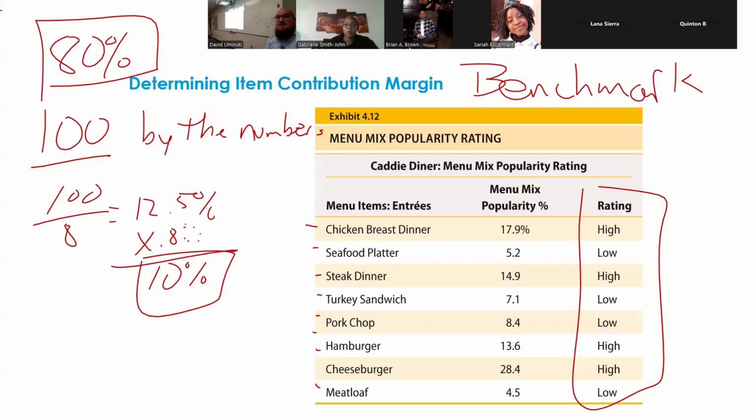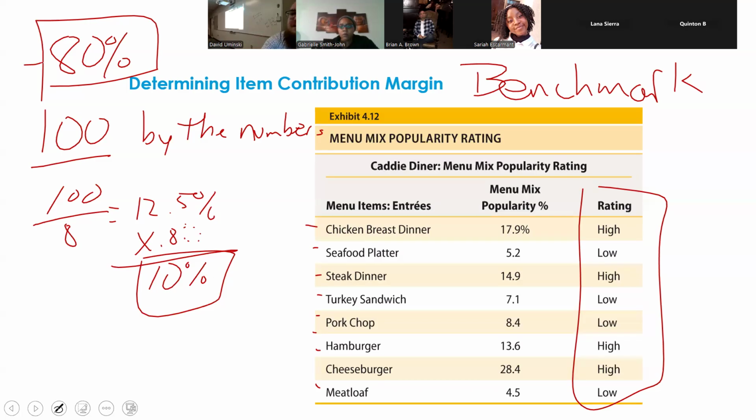Yes, thank you, Gabrielle and Soraya, helping out Suzanne on the chat. This factor right here is what's going to help you determine what your benchmark is for your popularity. So chicken breast, 17.9. Is that higher or lower than 10?